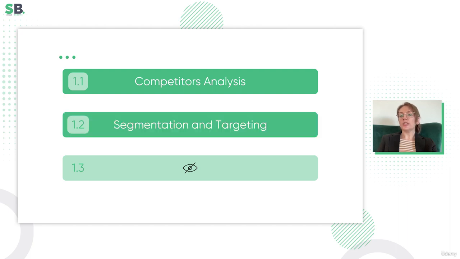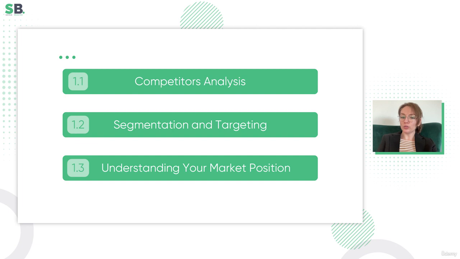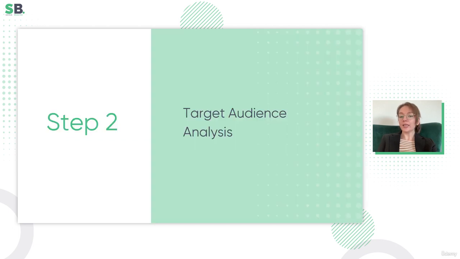Also, we choose target segments, understanding diverse customer needs through market segmentation. And of course, during this process, we evaluate where our brand, product, or company stands in the market, identifying areas for improvement and enhancement.